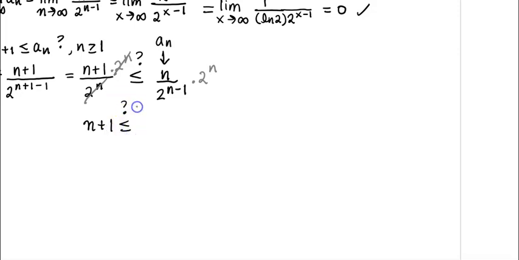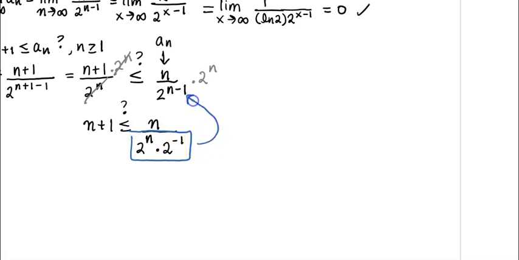I'm still checking this. On the right side, let's think carefully about what will cancel here. This fraction that we already have, the n over 2 to the n minus 1, in the denominator, the 2 to the n minus 1, I'm going to separate into a 2 to the n multiplied by a 2 to the negative 1. And I can do that because remember, rules of exponents says that you would combine those two by adding the exponents.